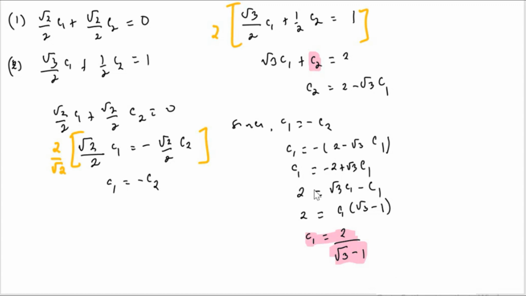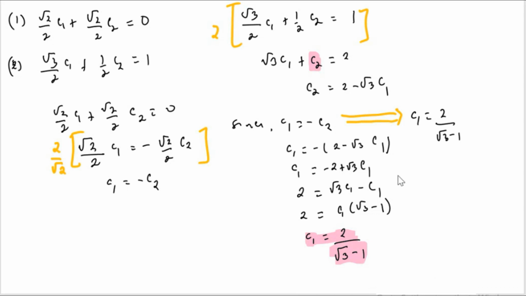Okay, now we know that c sub 1 is equal to the negative of c sub 2. Using this condition that we solved earlier, c sub 1 is equal to negative c sub 2, and we know that c sub 1 is equal to 2 over square root of 3 minus 1.